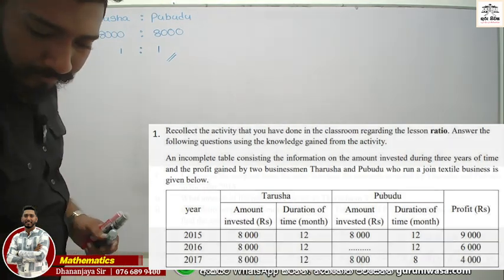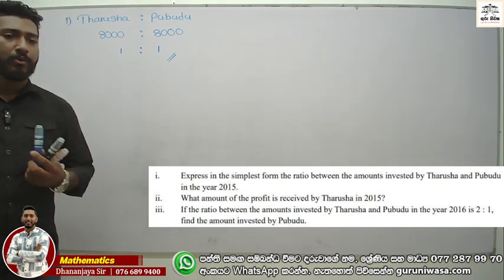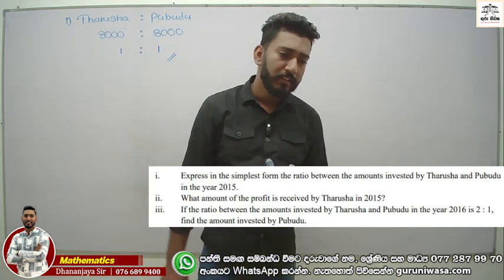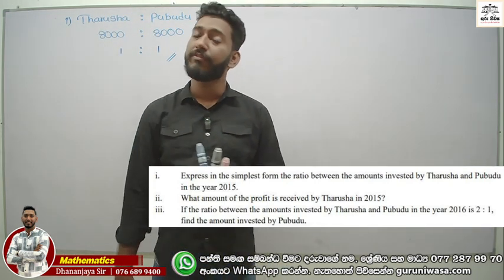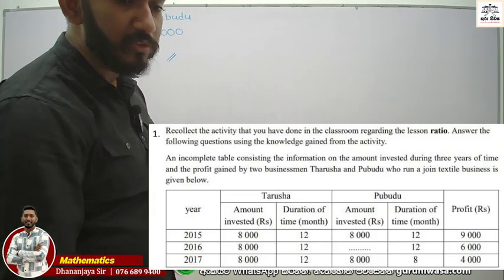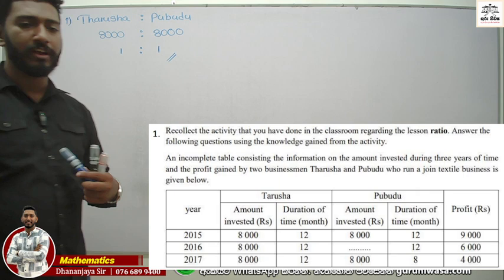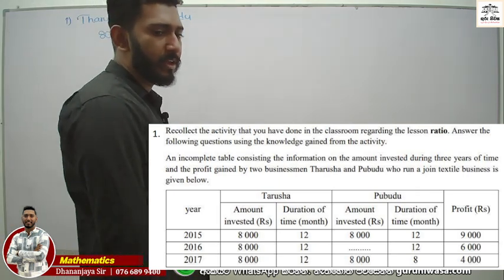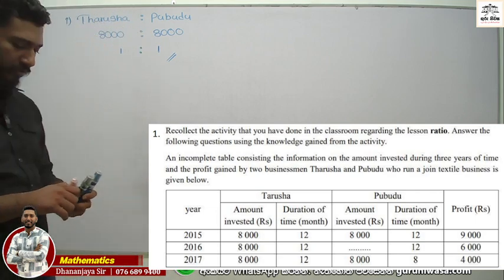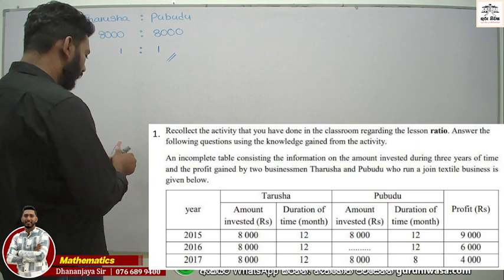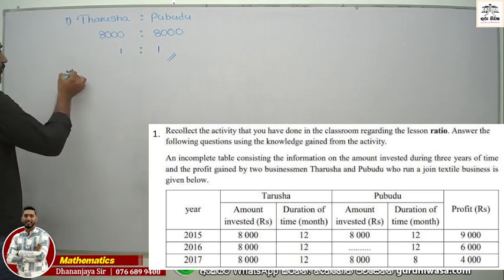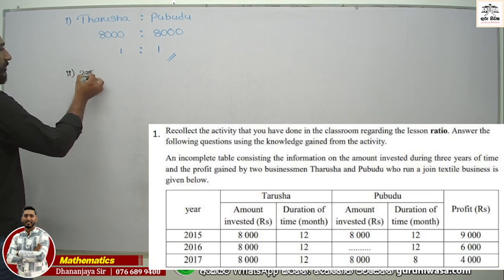Right. Second one. What amount of the profit is received by Tarusha in 2015? Right? Tarusha, 2015. Now we have to count. Look at this. In 2015, problem number 2, 2015 year.